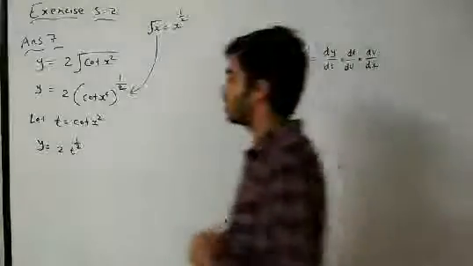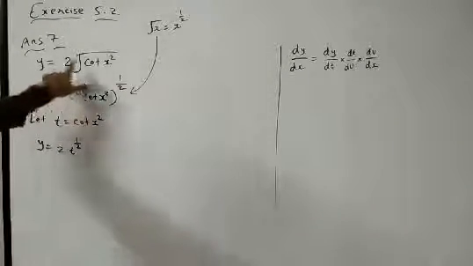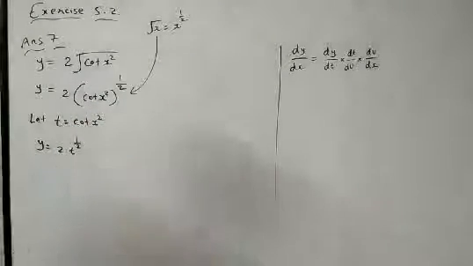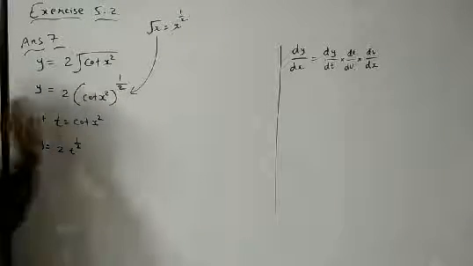Now we have our function y is equal to 2 times under root of cot x square. We have assumed cot x square is equal to t, so that we have got y is equal to 2 times t raised to half.